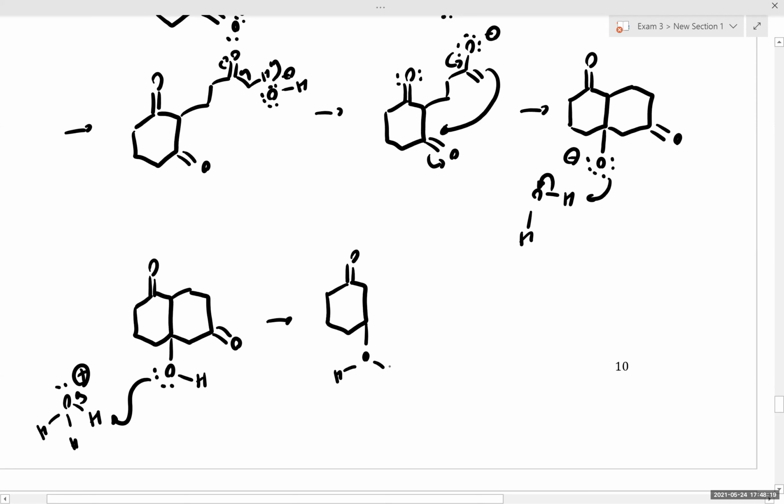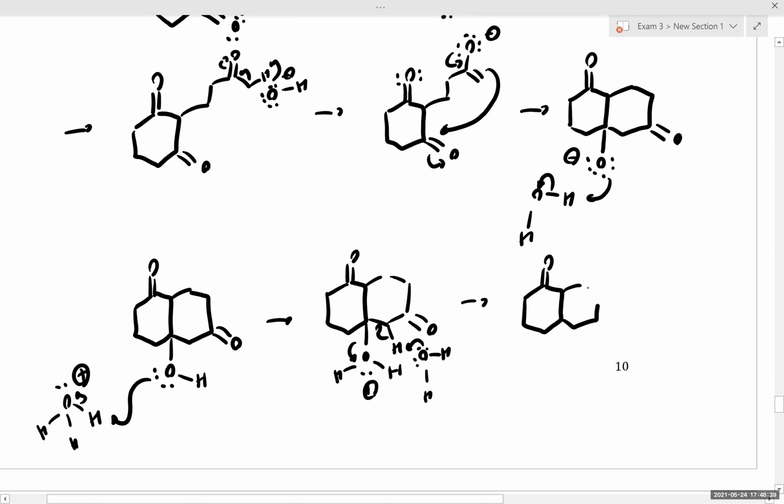We've now activated it as a leaving group. And then from here, we will eliminate an equivalent of water to generate our desired enone. Does this mechanism make sense to everyone?